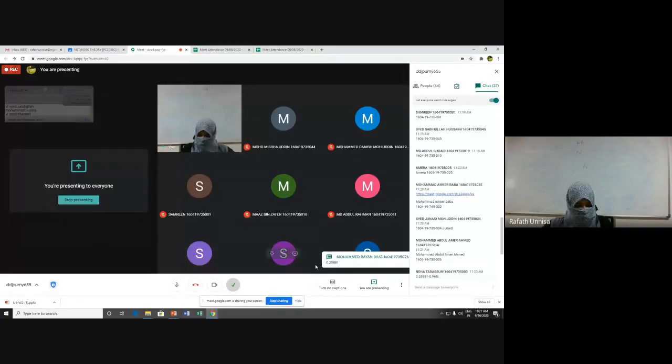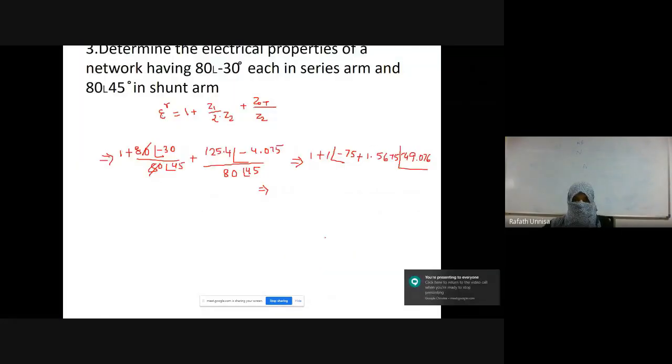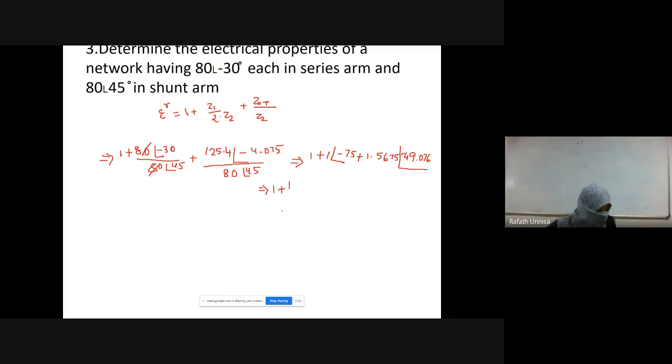Good. Okay, so now I have found that 1 at an angle minus 75 is, so I am giving the answer. You just cross verify what you have got. Is it 0.26 minus j 0.966?